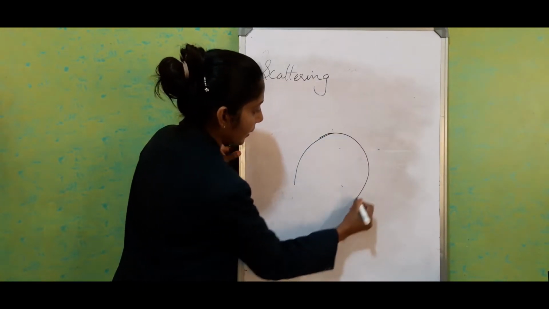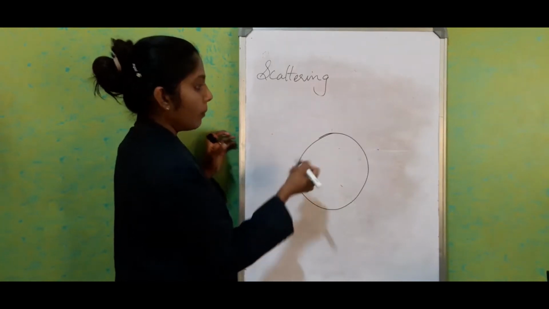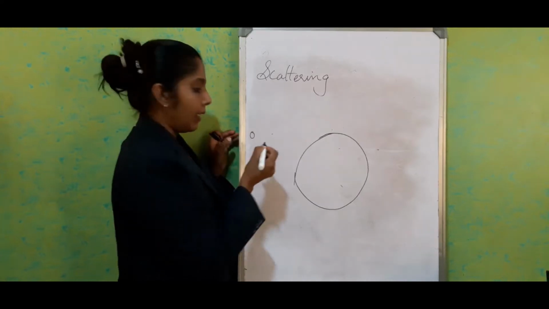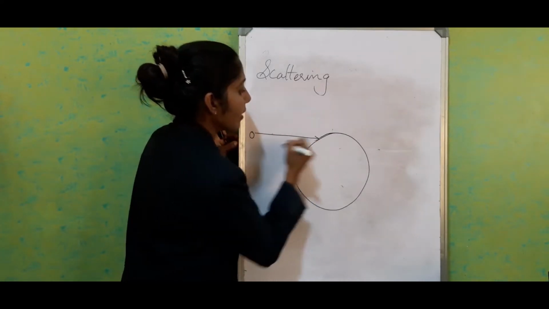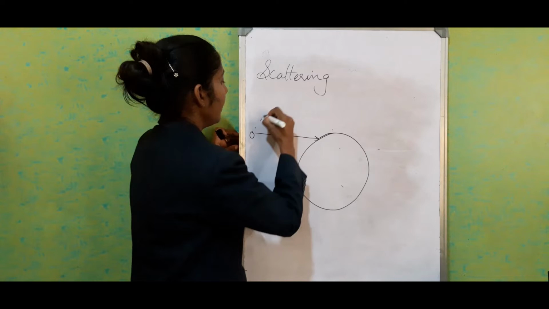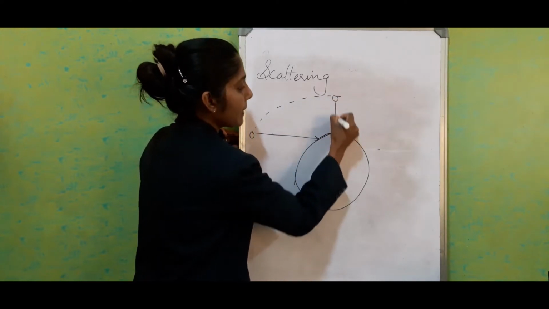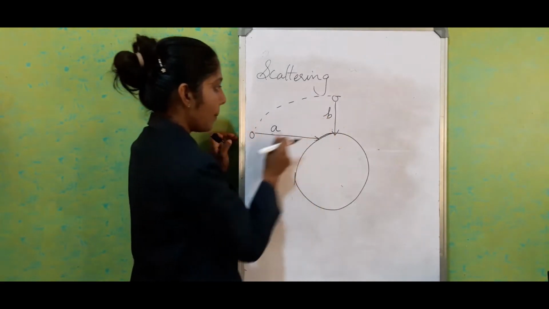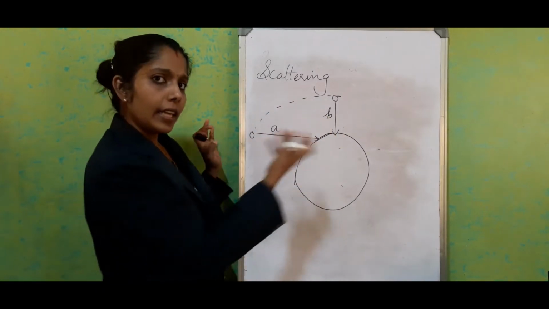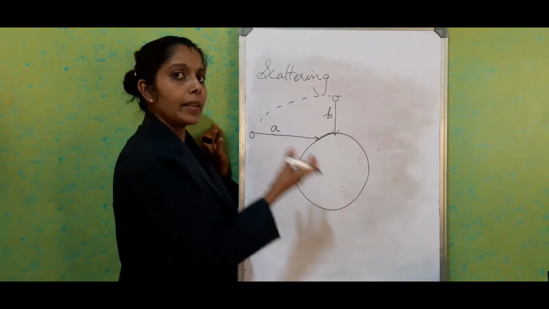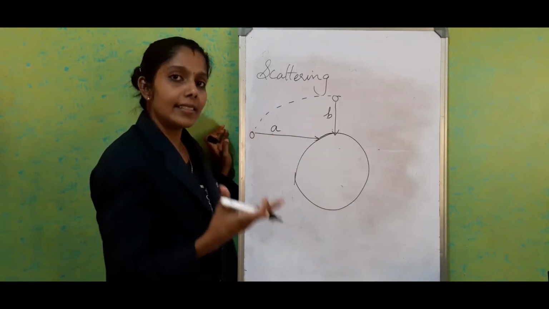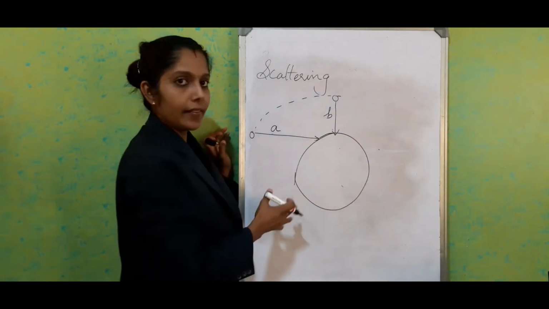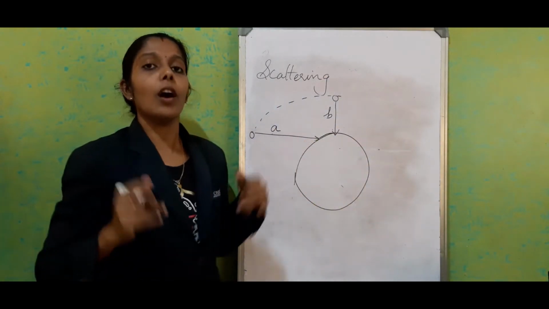If this is the earth, during the morning time or evening time, the sun rays have to reach this much distance, compared with noon time, when only this much distance is there. I'm marking them as A and B. If we compare the distances A and B, you can easily understand that during noon the light has to travel less distance to reach the earth. But during the morning and the evening, light has to travel a long distance.